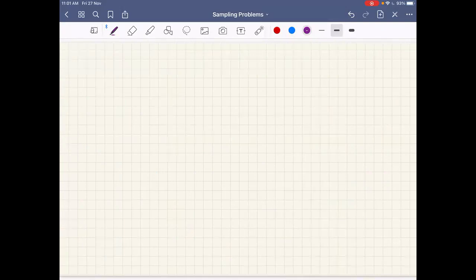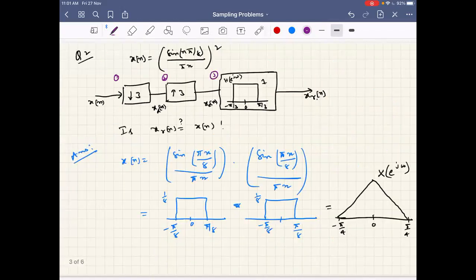So let us take this question now. So here, h of e power j omega. This kind of multi-rate systems are very important. In many practical scenarios, you need to do upsampling, filtering, downsampling, and several of these conversions in between.